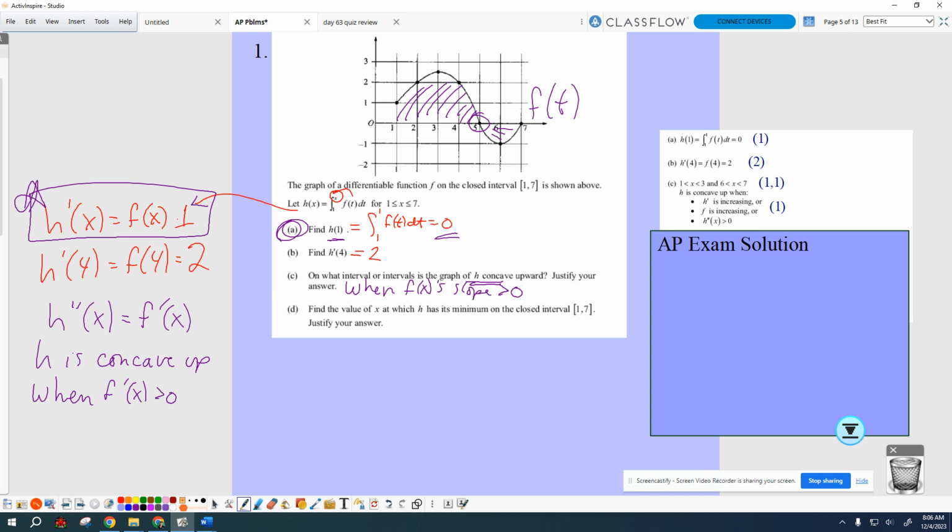And here's another issue. The question said its minimum. Technically, it's got 2. The answer is only expecting one and expecting the absolute.